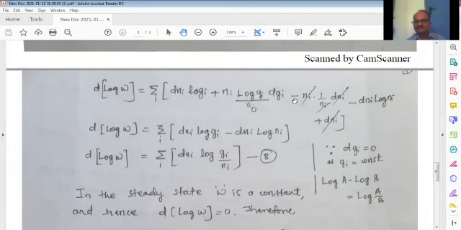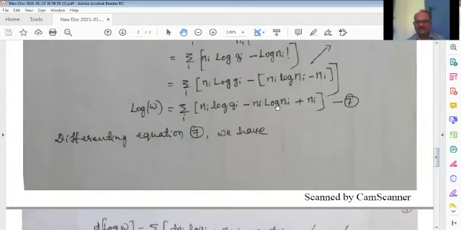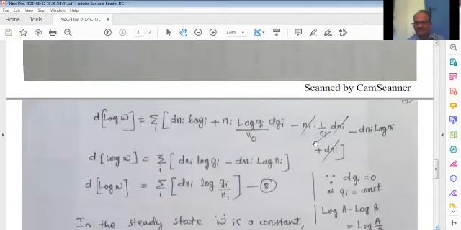Next, we are moving to the next term. So we have to differentiate Ni log Ni. Again, it is in the product form. So minus Ni, differentiation of log Gi is 1 over Gi into dGi, because the differentiation of log Gi is 1 over Gi into dGi.